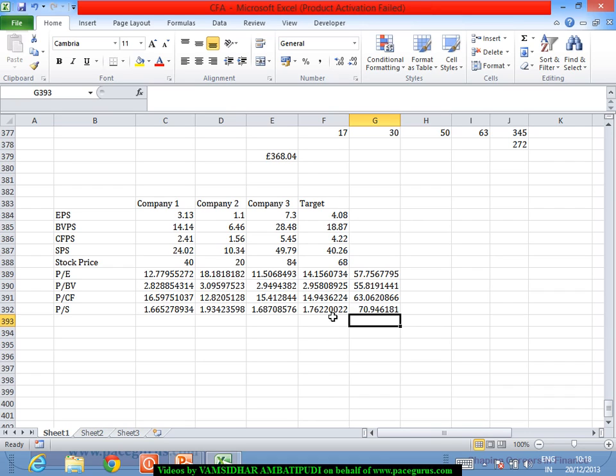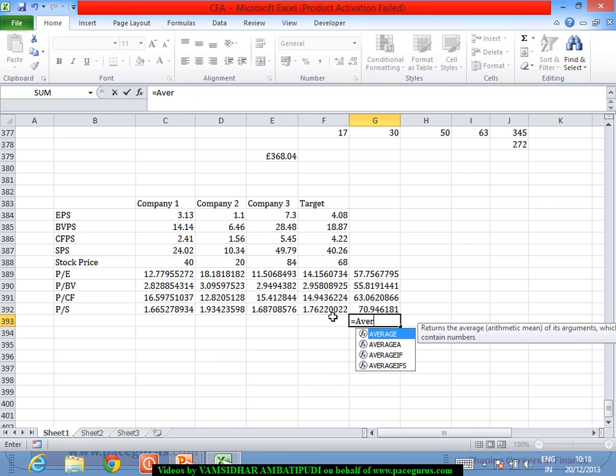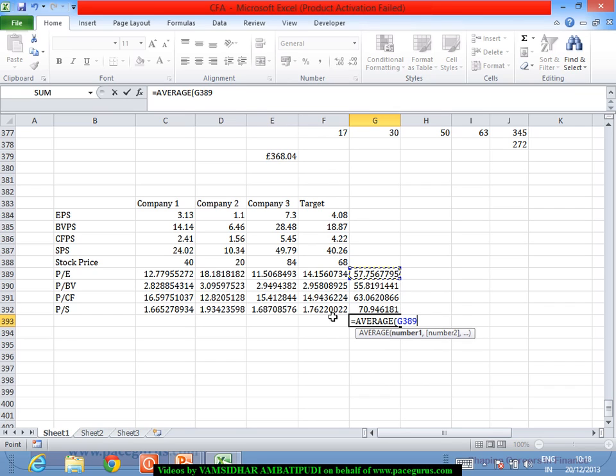Whatever mechanisms I am getting, on the various ways of computing the price, I can take the average price. The average price is working out to some 61.89.